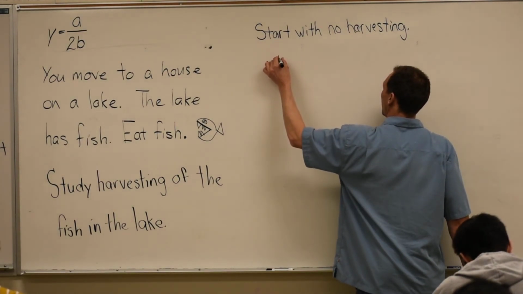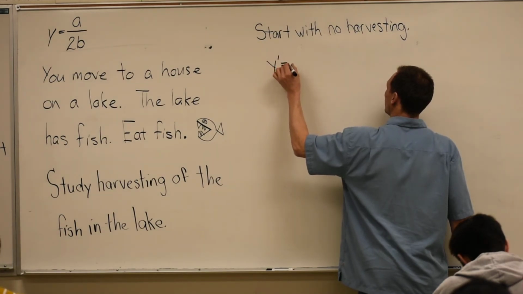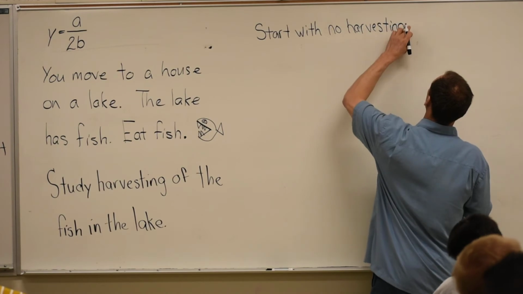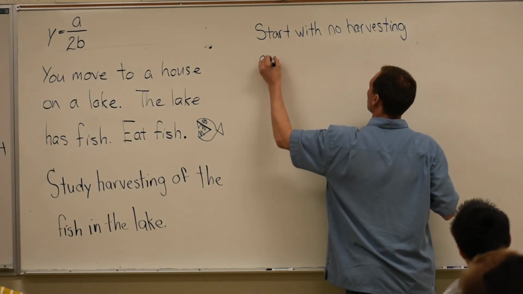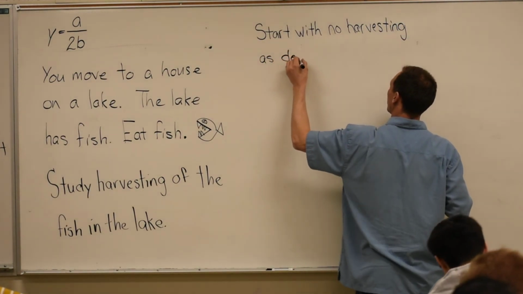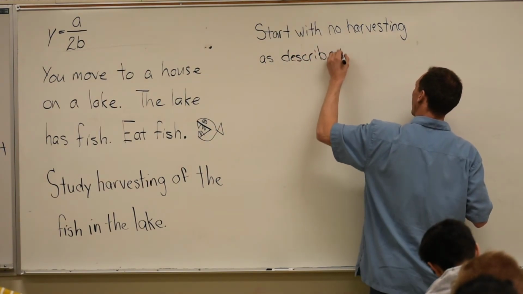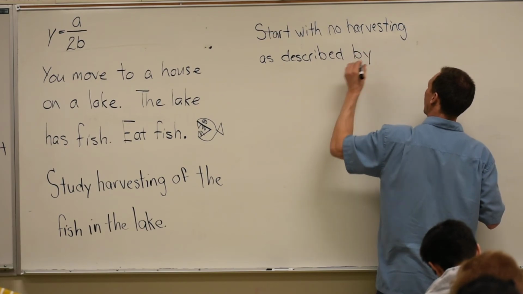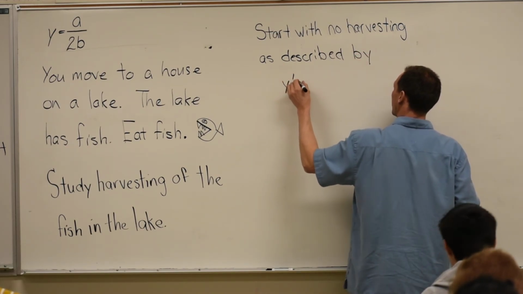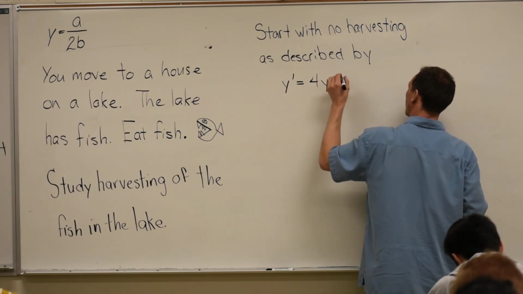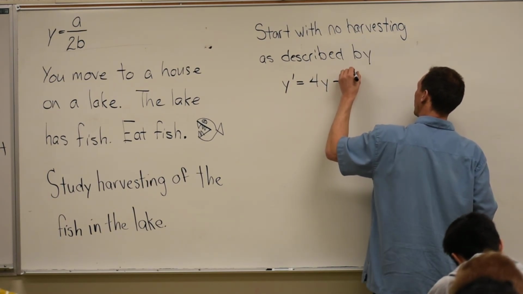We're going to look at y prime, as described by y prime equals 4y minus y squared.